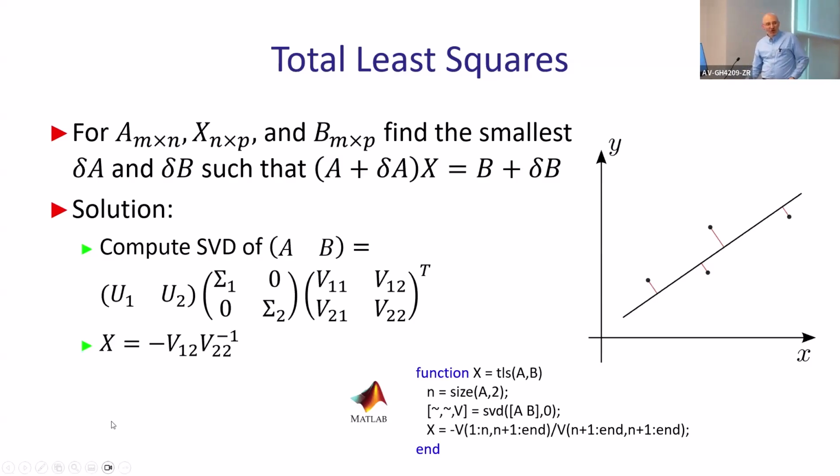So you have, let's say, matrices A, X, and B, and you want to find the smallest change in matrix A and change in matrix B, such that this will have a solution of AX equals B. All right. So you want to minimize the errors of matrix A and minimize the errors of matrix B. Before that, you had only errors of matrix B. Okay. Now you also have errors here.